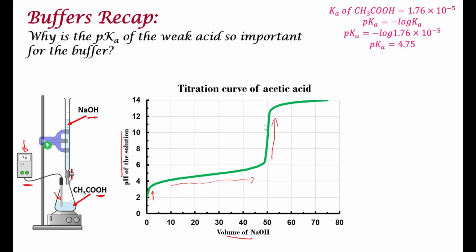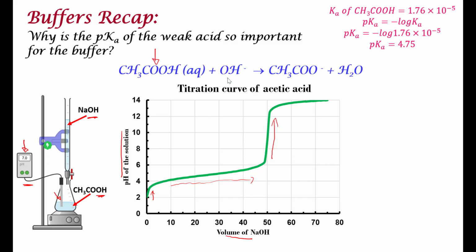Before I get into the slope discussion, I want to tell you a few things about the titration curve itself. When you start your titration, your pH is going to be somewhere around 2, and that's where we're going to start. At that stage, what do we have in the reaction? We have acetic acid present in the conical flask.